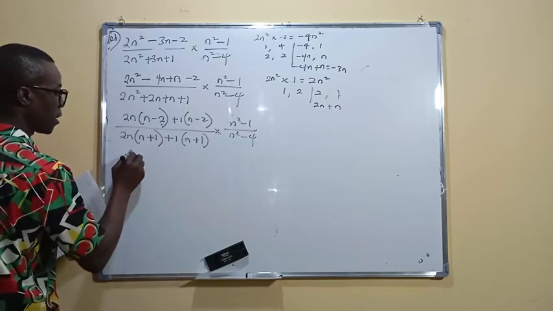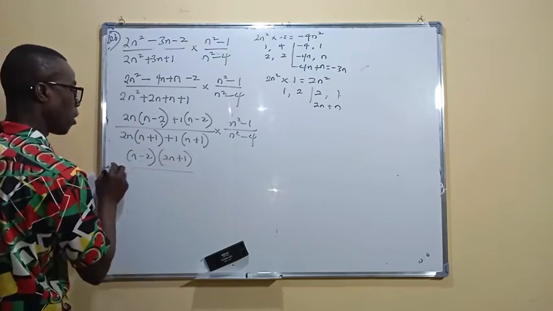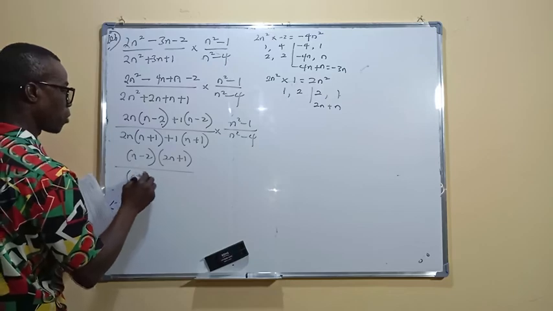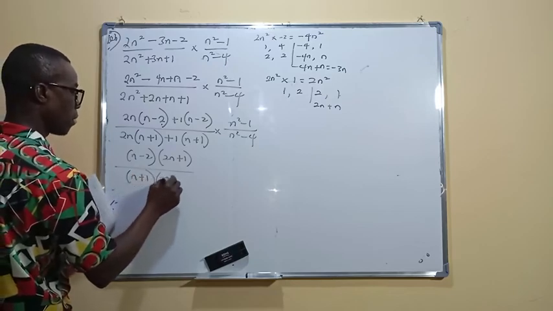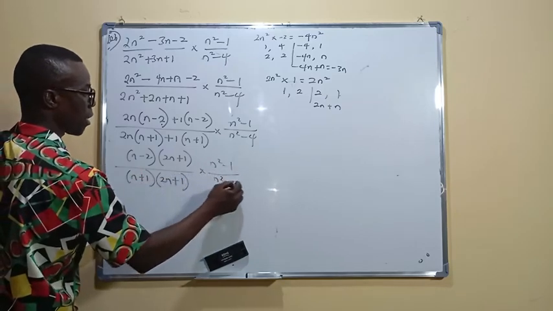So looking at this, I can say this is n minus 2 into 2n plus 1, all over n plus 1 into 2n plus 1, times n squared minus 1 over n squared minus 4.